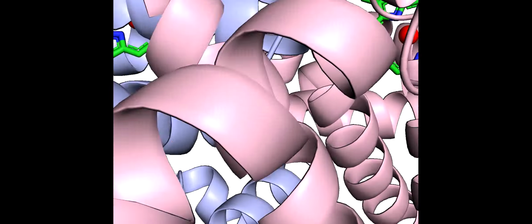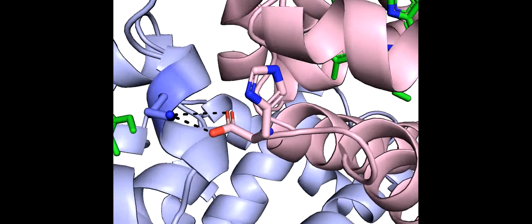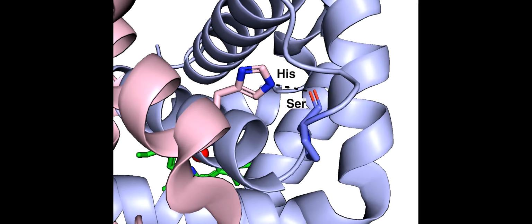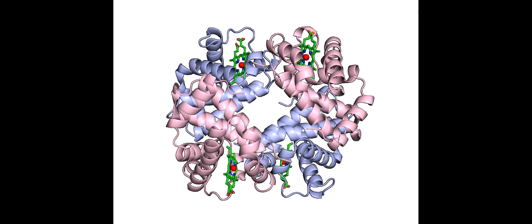Then we have this other position where a lysine residue on one subunit is interacting with the carboxy terminus carboxyl group of this histidine residue on another subunit. And then lastly, we have this histidine residue on one subunit interacting with a serine residue on another subunit. So these types of interactions are what make the different subunits of hemoglobin interact so strongly to make this fully functional protein.